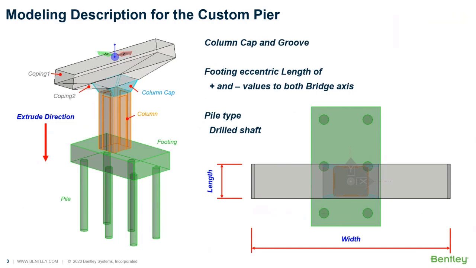I will consider the eccentric length to both bridge axes, and thickness or height has to move over from the base point. So this point will restrict the use of 3D text. Also, each 3D component will not be able to connect completely, so I will connect them using 3D dimensions.